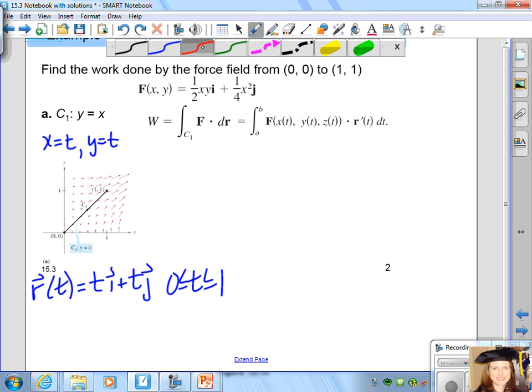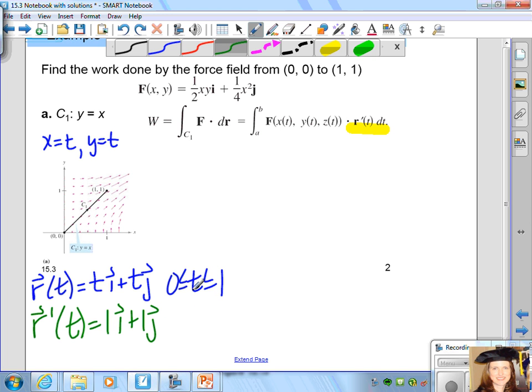When we calculate the work, it is a line integral of F dot dr. This dr is calculated by taking the derivative of the path we just found, r prime of t. So r prime of t will equal the derivative of t to get 1 i plus the derivative of t to get 1 j.